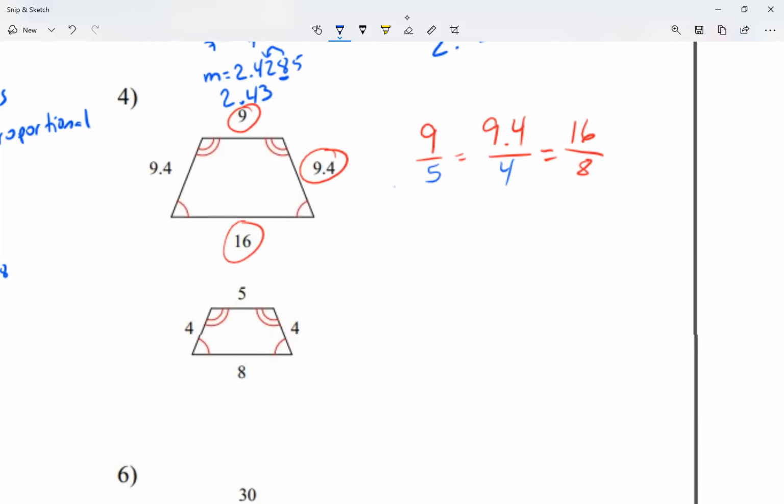So they're not proportional. They didn't equal the same thing. Remember, the two criteria have to be met: the angles have to be the same, and the sides have to be proportional. As soon as I fail one of the two criteria, not similar.